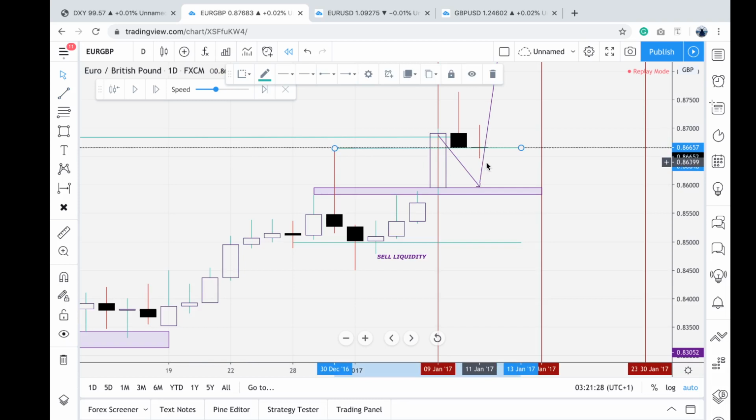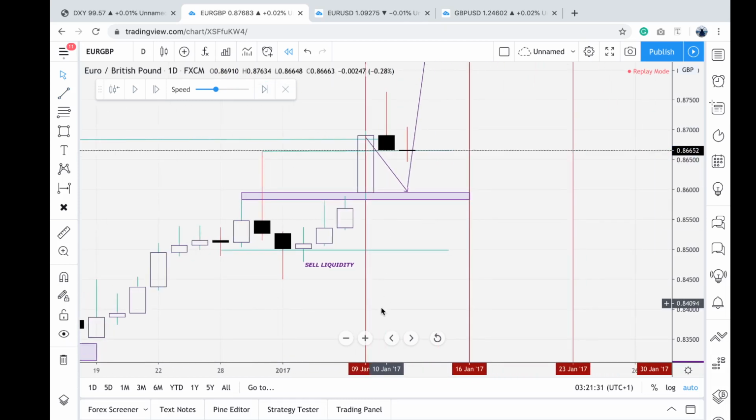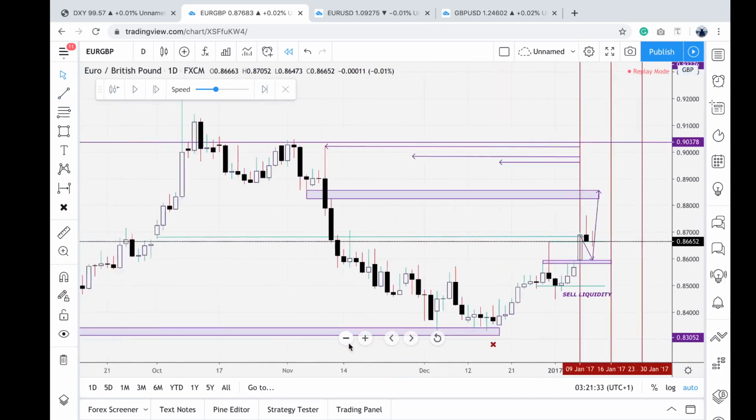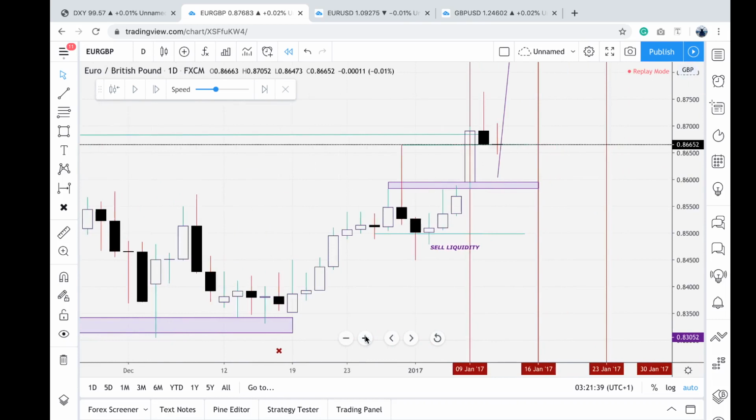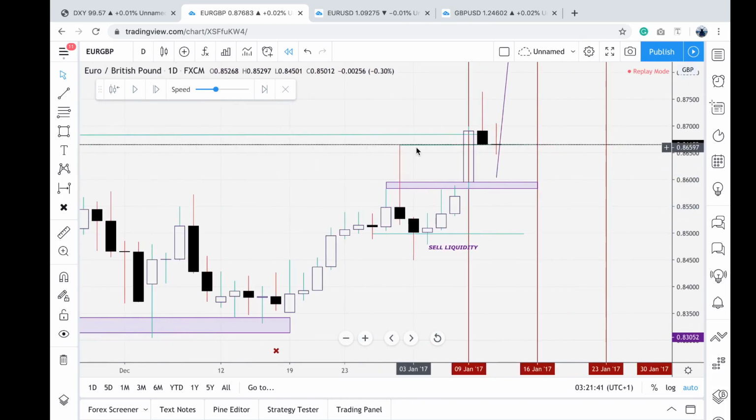You can see a daily compression candle. So we could see bullishness off this level on euro pound. Okay, so let me actually make this more of a zone so you guys can see this clearer. So we do this.